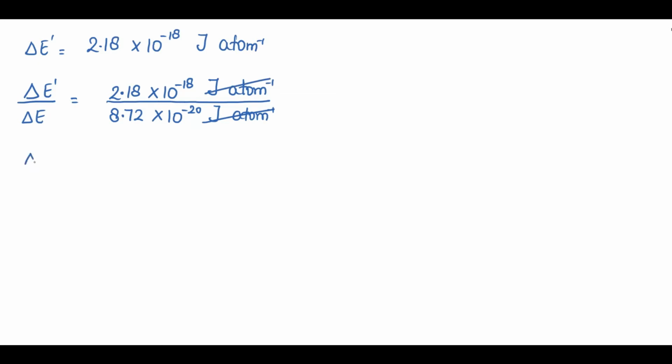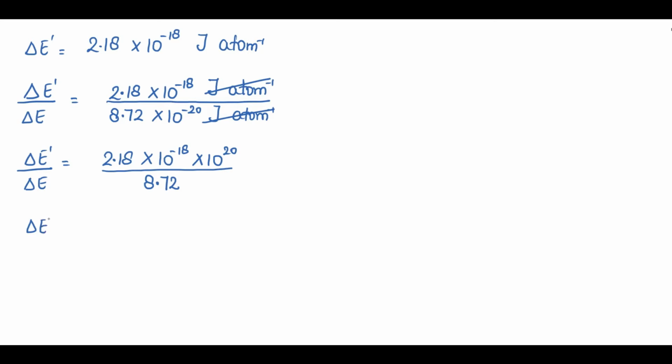Now, first of all, I'll solve the powers. So delta E dash by delta E equal to 2.18 into 10 raised to power minus 18. Now this 10 raised to power minus 20 is negative in denominator. When I'll take this value in numerator, it will be 10 raised to power 20 divided by 8.72. These two powers are in multiplication, so I can simply add them.